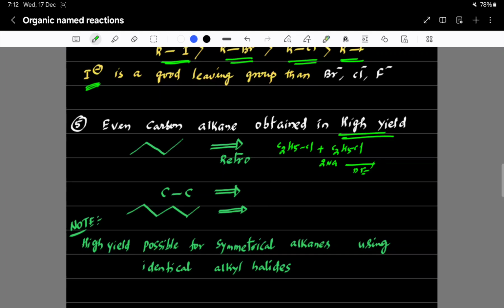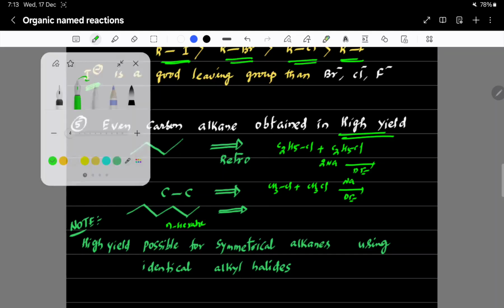Right? Now look at this, student. For example, if I want to make ethane, then I will use methyl chloride plus methyl chloride. These are the starting materials. Using sodium in the presence of dry ether, I will get a high yield of ethane as the product, right? Now for example, if I want to prepare hexane as a product, your alkyl halide will be symmetrical only.